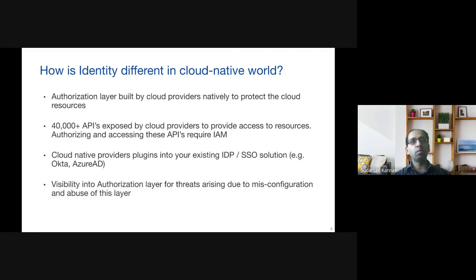So when you talk about access to the APIs, these native cloud providers have built an authorization layer, and that's where identity comes into the picture. The traditional Oktas and Azure ADs of the world, you can dovetail their capabilities to connect to your cloud environment and provide access to your cloud resources. That's how these two identities come together.